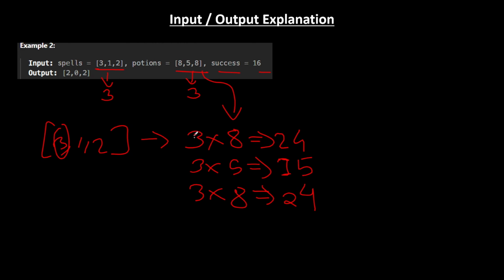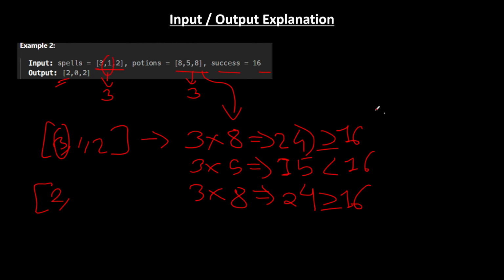So from here, we can see that 24 is greater than 16. This is also greater than 16, but this is less than 16. So the output for this combination would be 2.